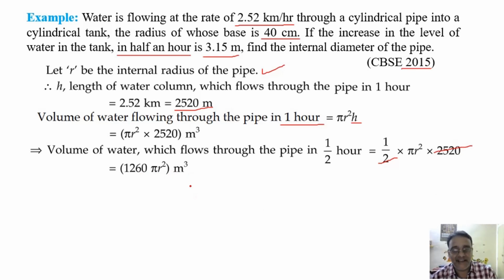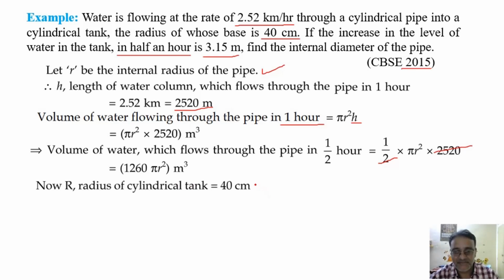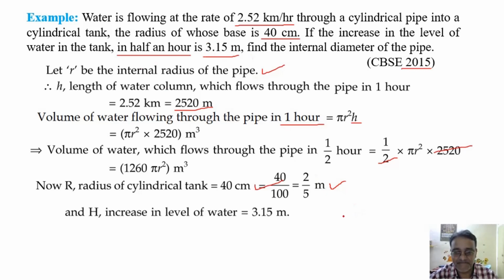Now volume of tank, for that the radius is given as 40 centimeter. So convert it into meter. So 40 upon 100, that is 2 by 5 meter. And the height is given as 3.15 meter.